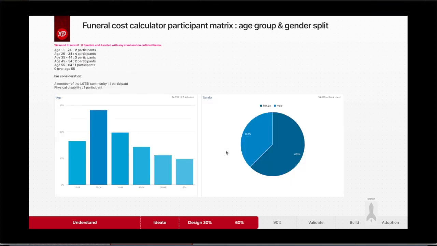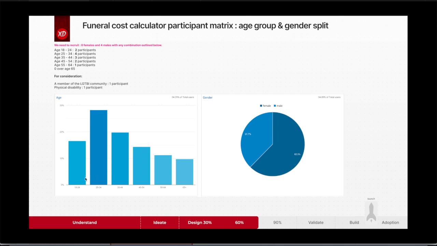And then the other thing is to look at the age split. We've got a lot of people around the age of 25 to 34, 35 to 44, and a bit around the age range of 45 to 54.